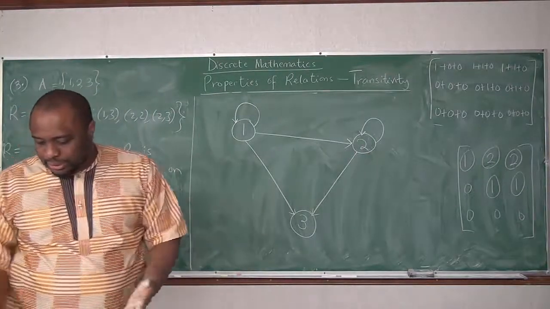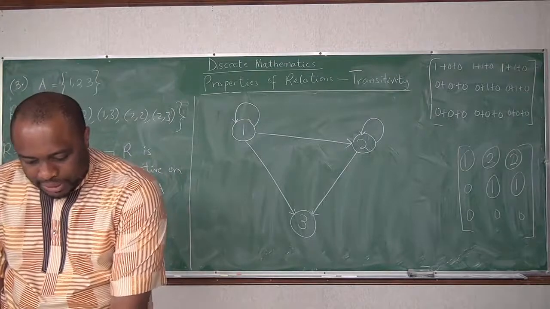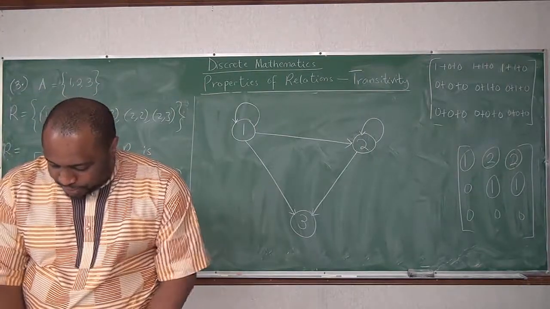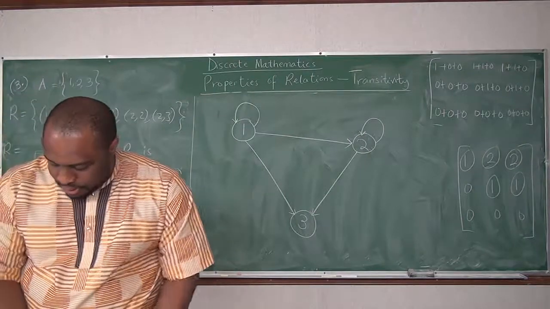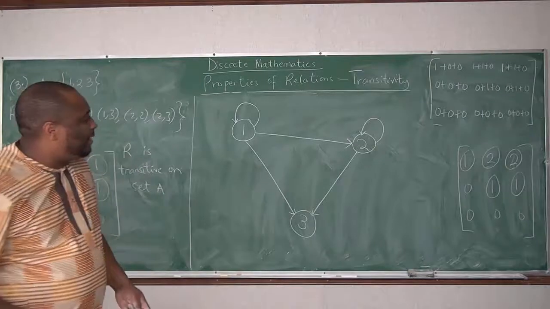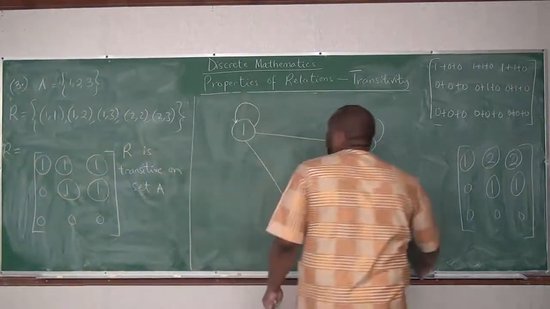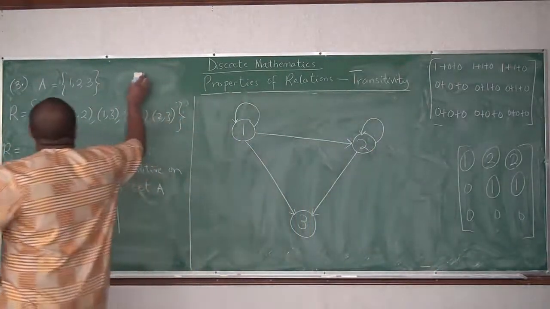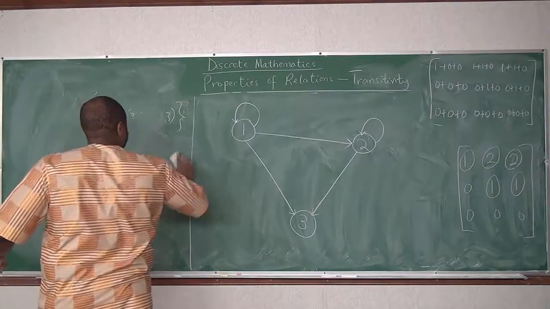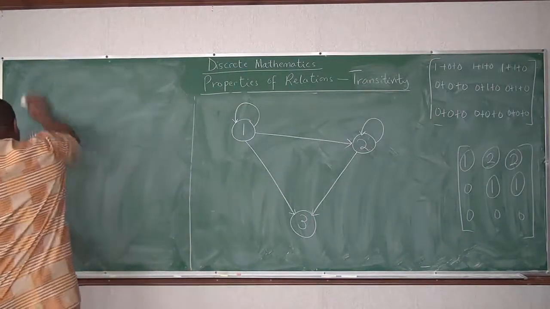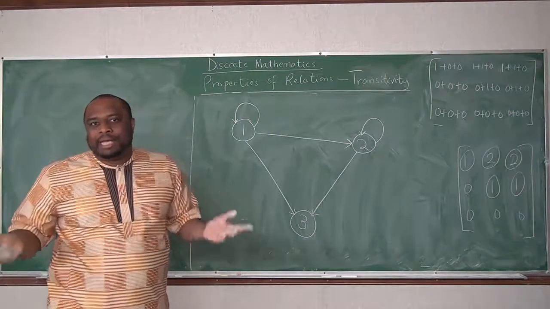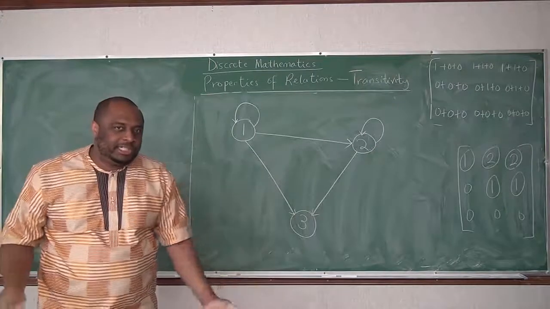Let's do more examples. This is example 3. Let's do more examples. So let's say we have this digraph right here. Example 4. For me, depending on how the digraph is, I might not change it to sets.